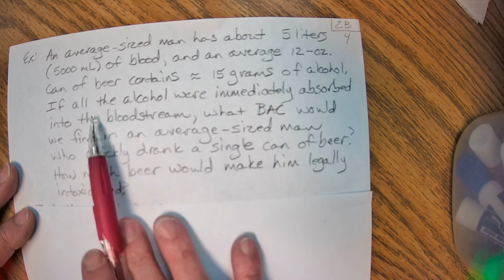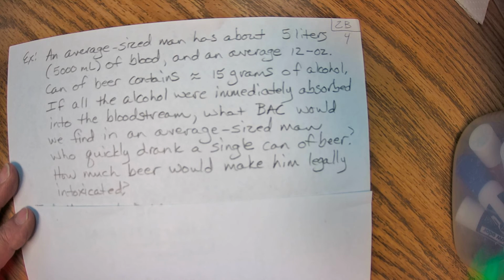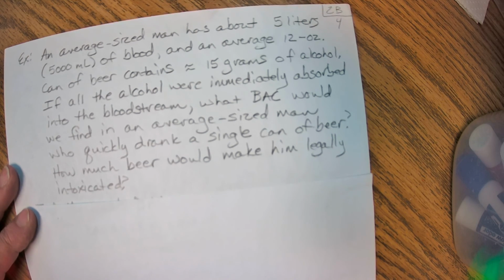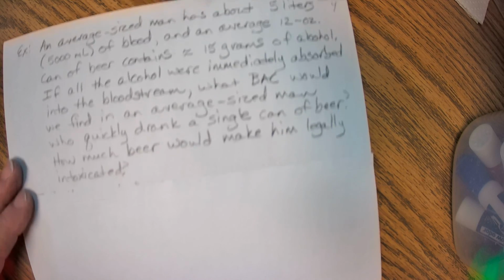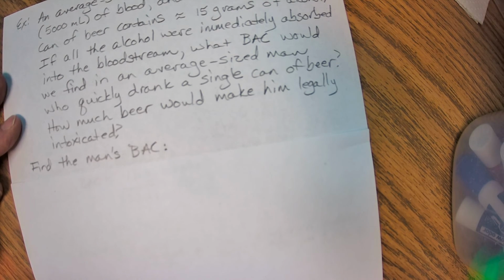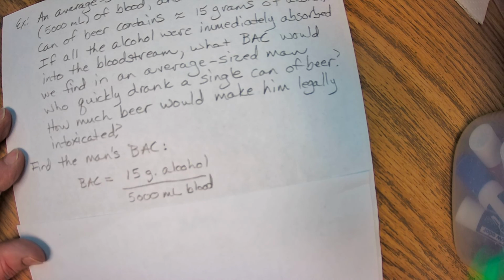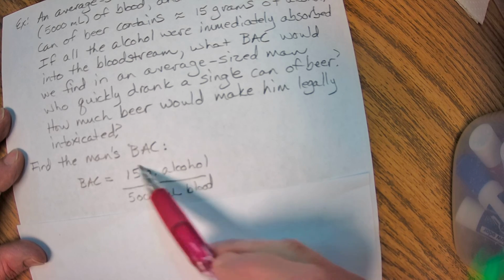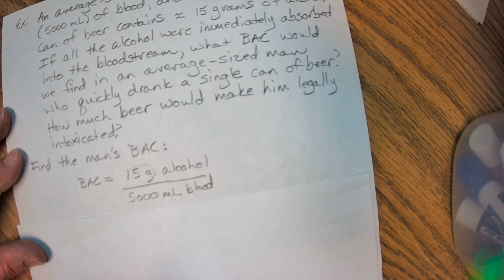If all the alcohol were immediately absorbed into the bloodstream, what blood alcohol content would we find in an average sized man who quickly drank a single can of beer? How much beer would make him legally intoxicated? So we want to find the man's blood alcohol content. Remember, this is the amount of alcohol in the can of beer, and this is how much blood he has.